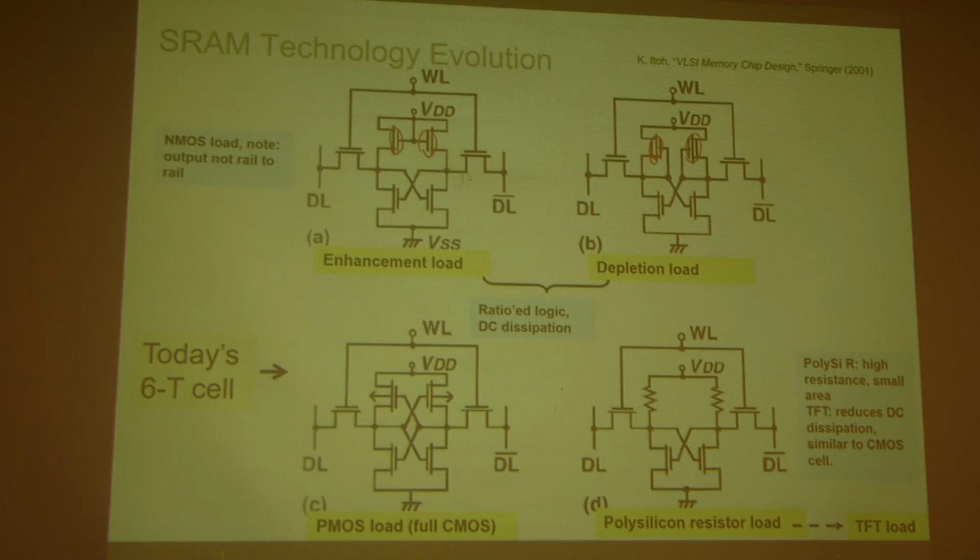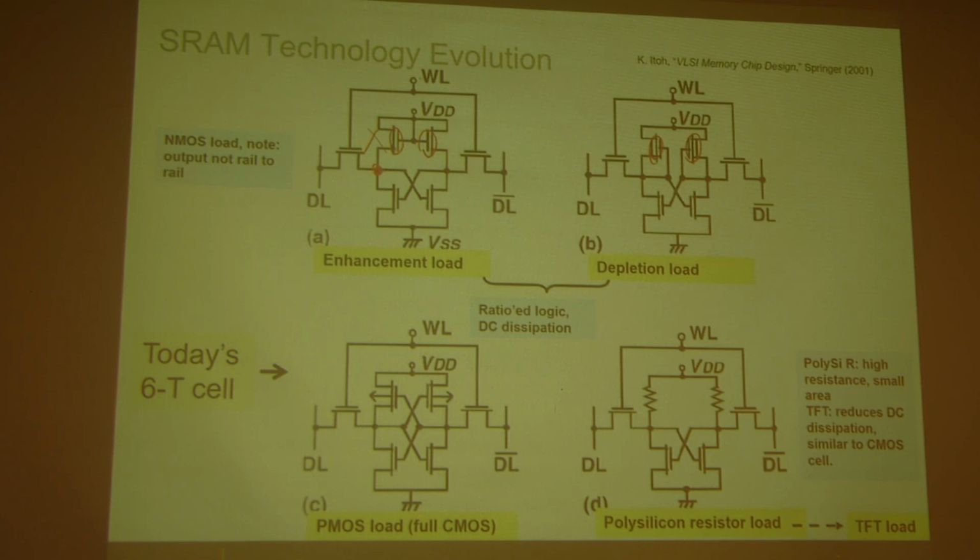At that time, PMOS was not that mature, so you used NMOS. Of course, the problem here is that you have ratioed logic. That means you cannot achieve, let's say here, a pure 0, because you have two NMOS transistors forming a voltage divider, and this one cannot be 0. If you have a PMOS that is completely off, then you can get VDD and ground.